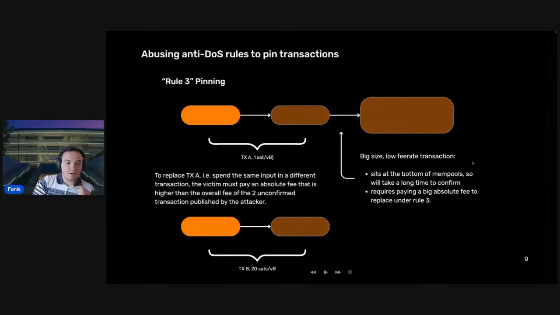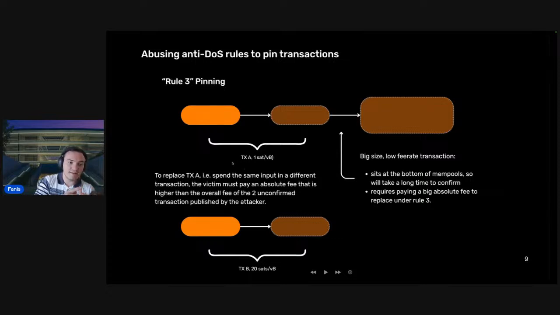And since rule 3 of RBF says that in order to replace this original transaction, you need to pay an absolute fee, in satoshis, that is higher than the fees of all the transactions that you are replacing, so not only this one, but also all of its children, then if you want to RBF what I call transaction A, you will need to pay a much higher fee than just TxA.